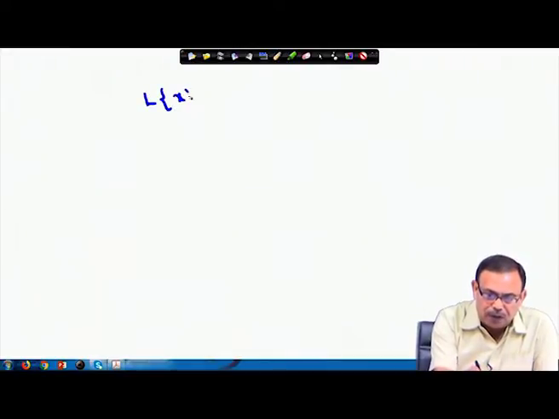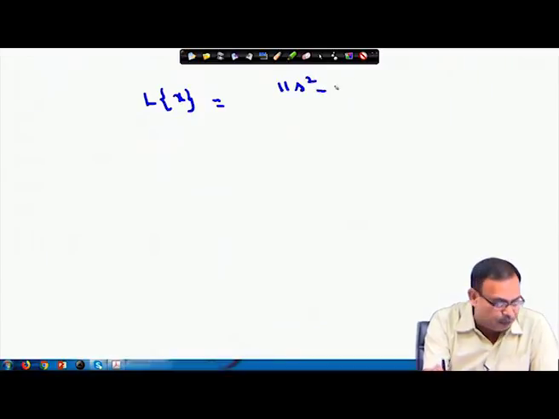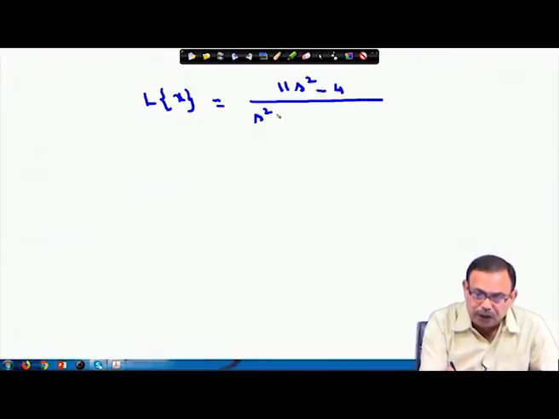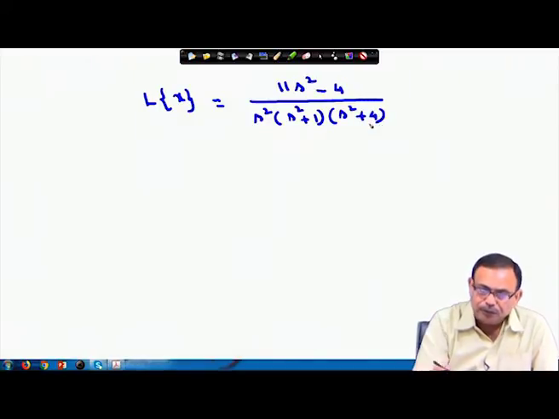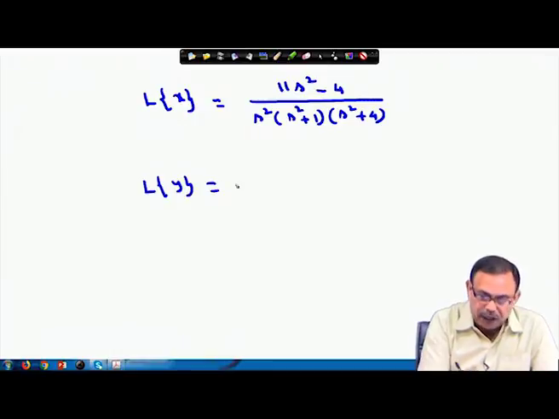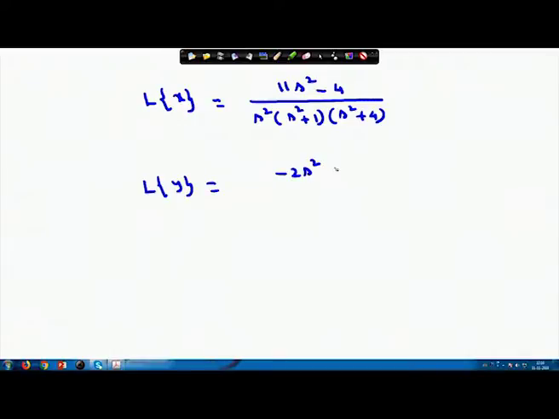Laplace transform of x equals 11 s square minus 4, I am writing directly, please check it afterwards, over s square into s square plus 1 into s square plus 4, and Laplace transform of y you will get as minus twice s square plus 4 by s into s square plus 1 into s square plus 4.